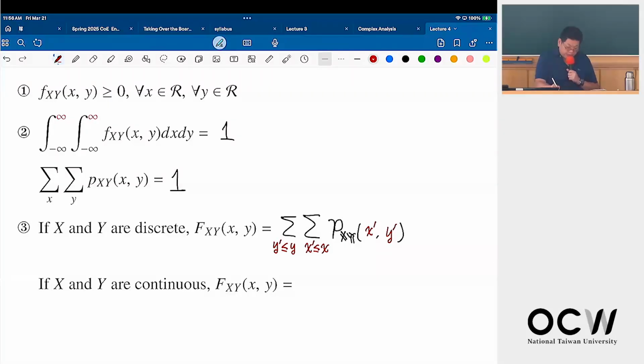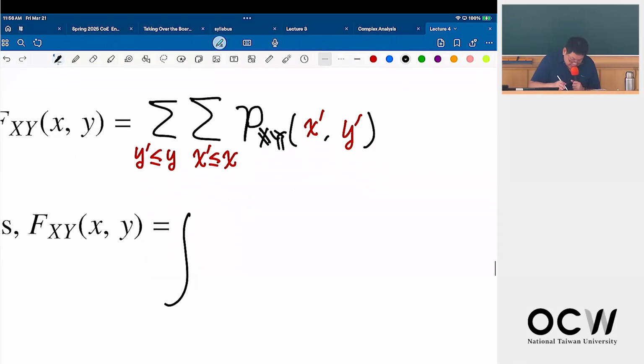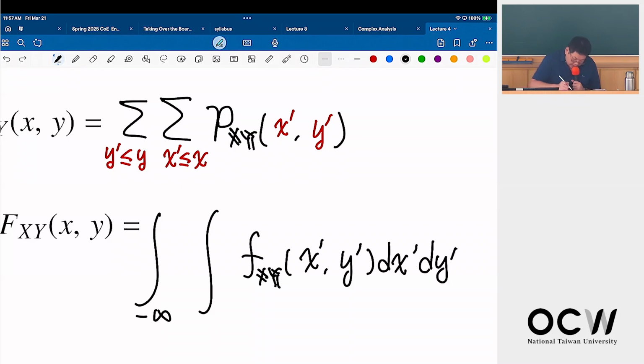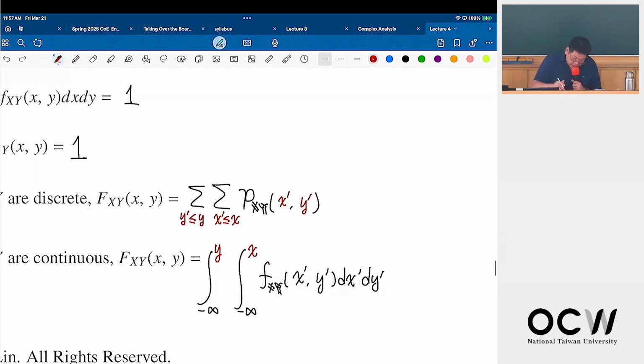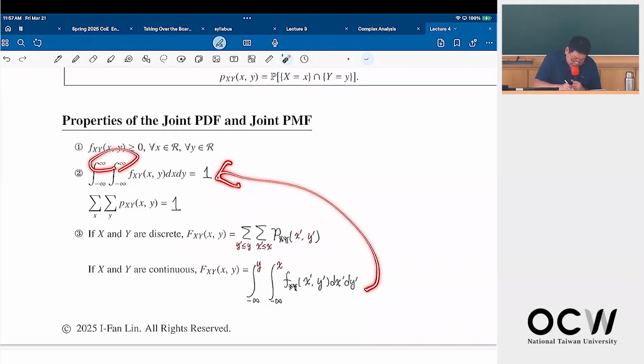If x and y are continuous, how can I find the joint CDF? You also do the double integration of the PDF of x, y at x prime, y prime, dx prime dy prime, and the integration is from minus infinity to y and x only. If you go to infinity, then this integration will be 1, like here.